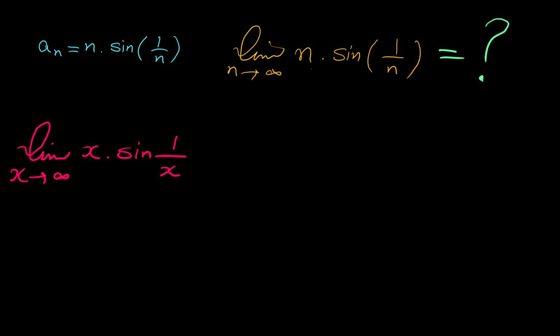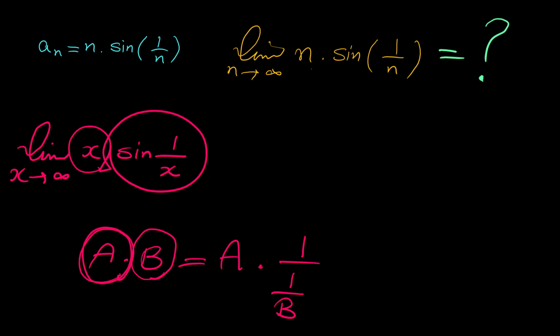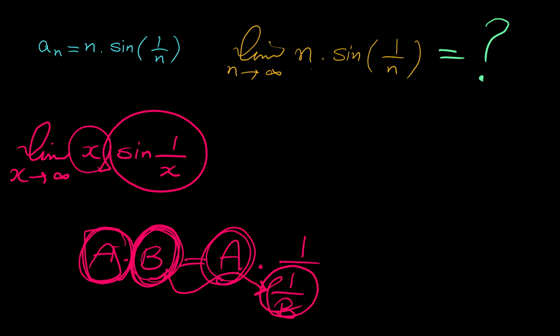Let me tell you a simple fact from algebra. A times b always can be written as a times the reciprocal of b. So you can write any product by keeping one of these in the numerator and moving the reciprocal of the other one to the denominator.